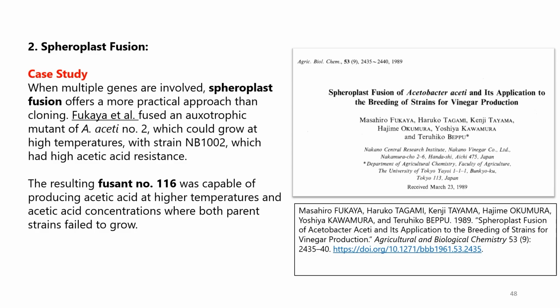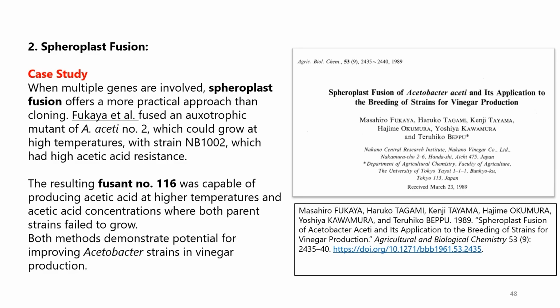The resulting fusant number 116 was capable of producing acetic acid at high temperatures and acetic acid concentrations where both parent strains failed to grow. So, this is quite an achievement where the fusant is able to survive in a situation where both the parents are unable to exist. Both methods demonstrate potential for improving Acetobacter strains in vinegar production, particularly through this technique, spheroplast fusion.